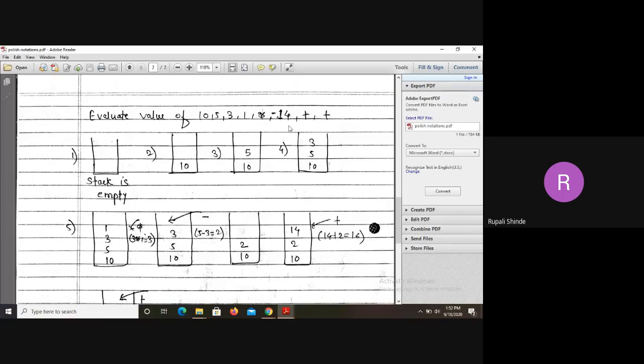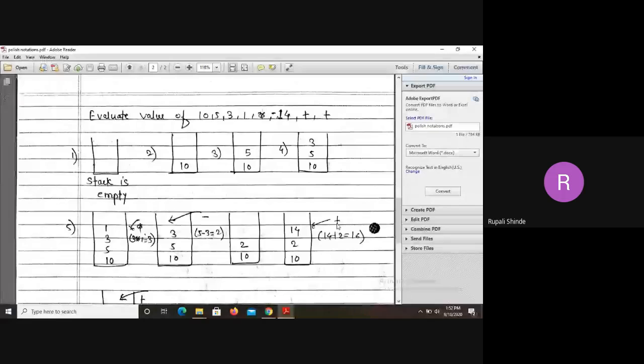Here 5 minus 3 is 2. So this result we have to push onto the stack. So 2 and 10 are the contents of the stack. Now the next one is 14. This is a number, that's why we have to push it onto the stack. So the contents of the stack are 14, 2 and 10.